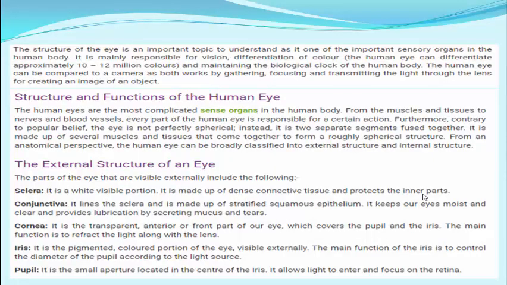The structure of the eye is an important topic to understand. It is one of the important sensory organs in the human body. It is mainly responsible for vision, differentiation of color, that is, the human eye can differentiate approximately 10 to 12 million colors, and maintaining the biological clock of the human body.